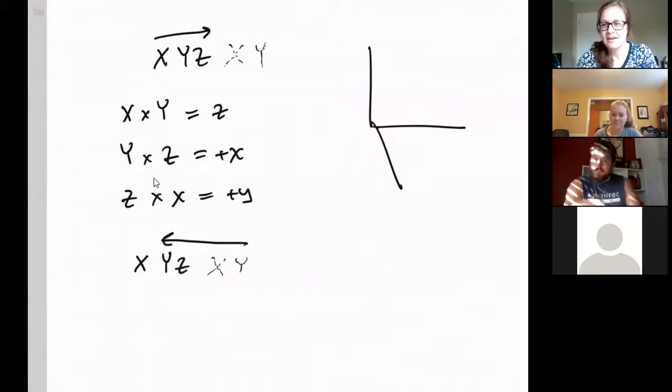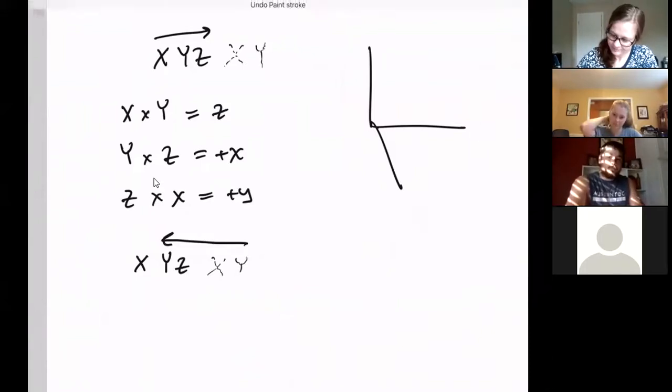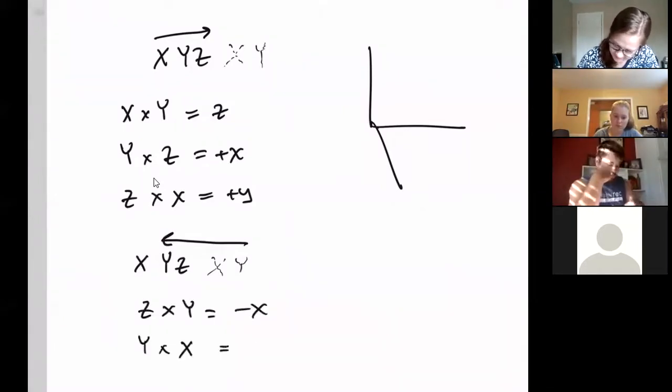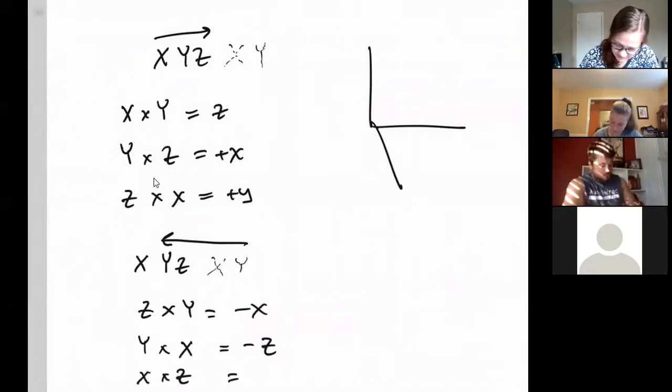then you would get negative values because it would be this situation here. And in this case, z crossed with y is a negative x, y crossed with x is a negative z, x crossed with z is a negative y.